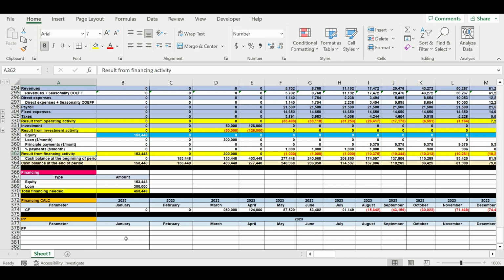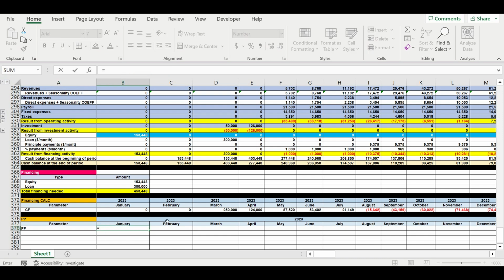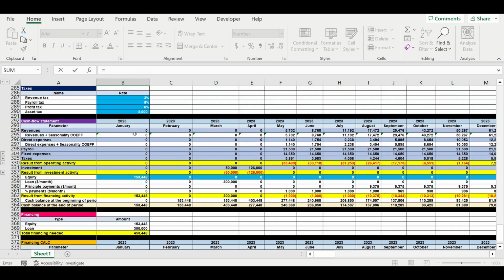But this time I will show you how you can do it in a more detailed way. So I will press equals. I won't take the result from operating activity, investment activity, and financing activity. I will be taking revenues minus direct expenses minus payroll minus fixed expenses minus taxes.